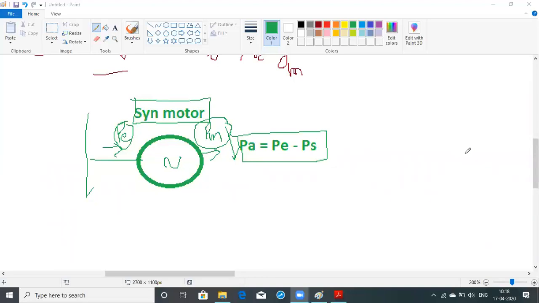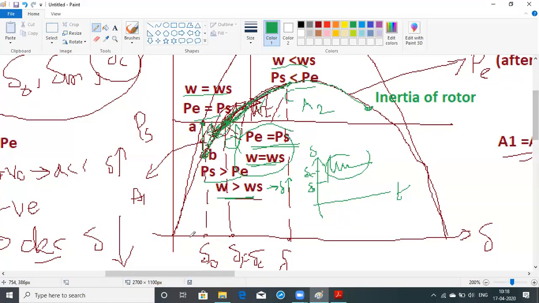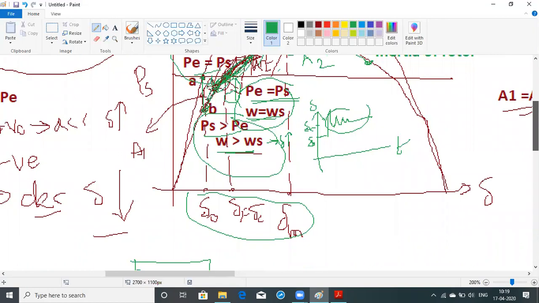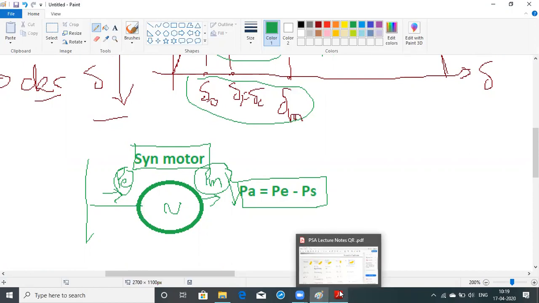The similar thing we are going to discuss in case of a motor. See here how delta is varying, and what the condition is at point A, at point B, at point C, and again at point D. So this is the analysis of the synchronous machine using the equal area criteria method.